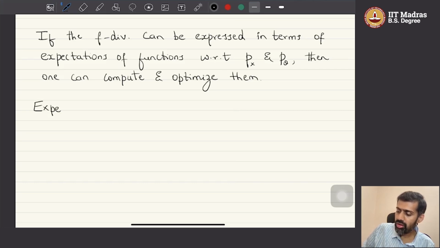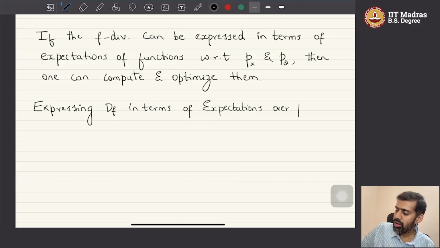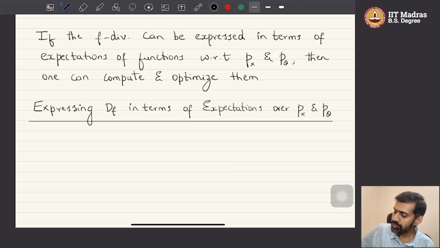Expressing the F divergence in terms of expectations over px and p theta. This is what we need to do right now. We'll see how to do that.